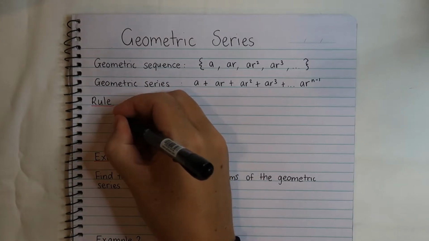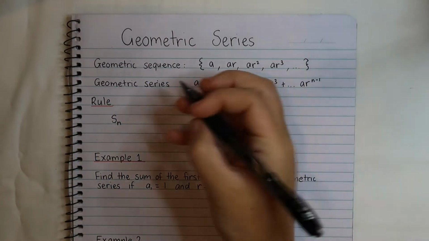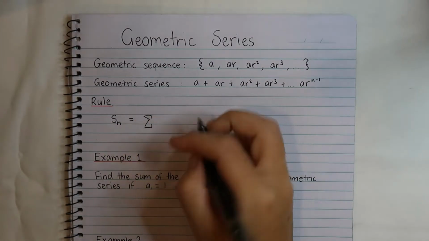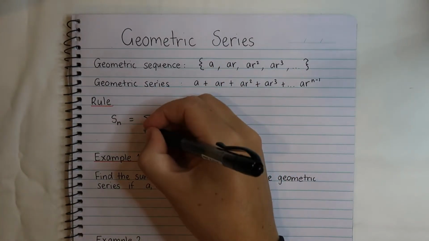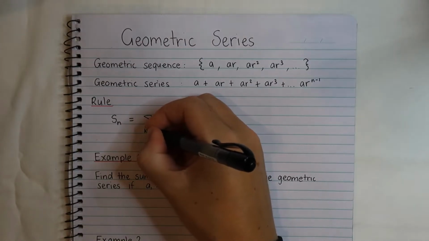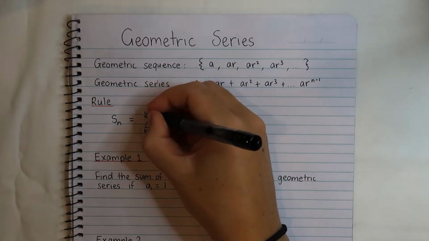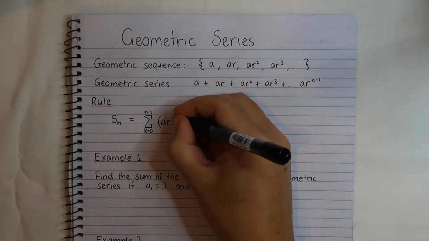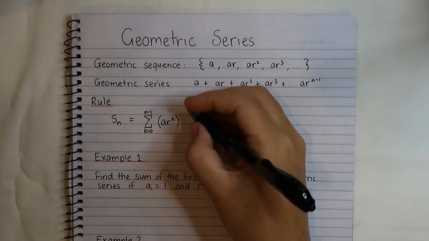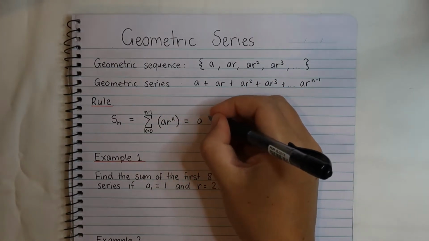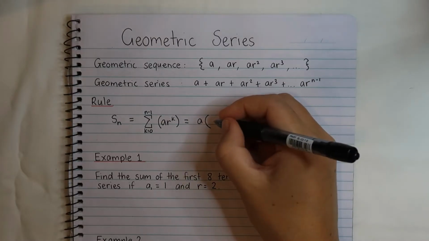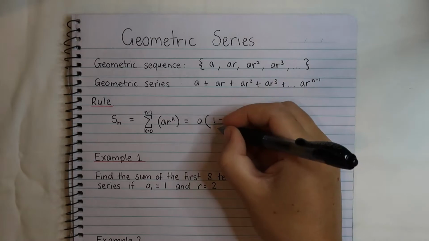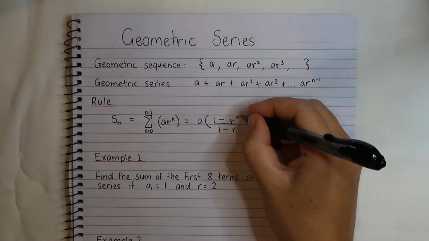So we have Sn is equal to the sum of, so remember this means the sum of, from k equals 0 to n minus 1 of AR to the power of k is equal to A outside of 1 minus r to the n over 1 minus r.